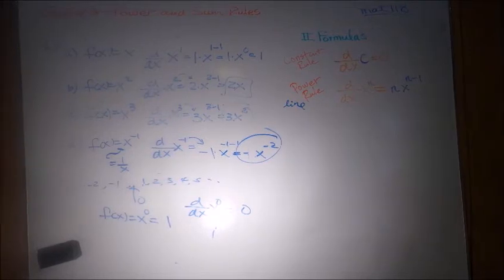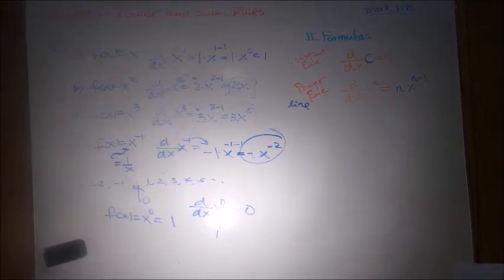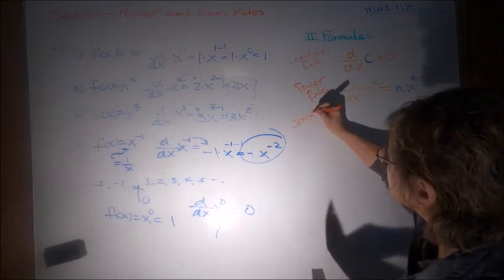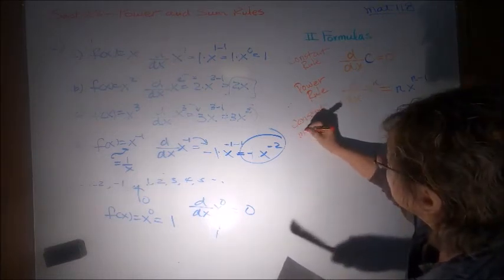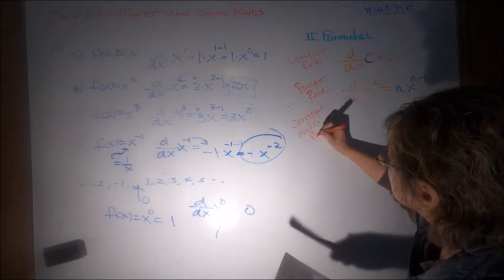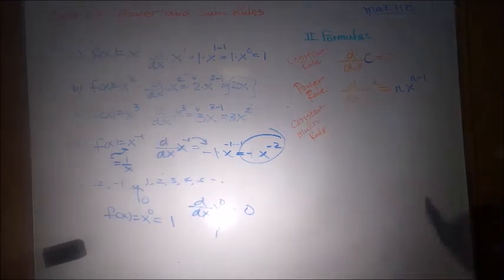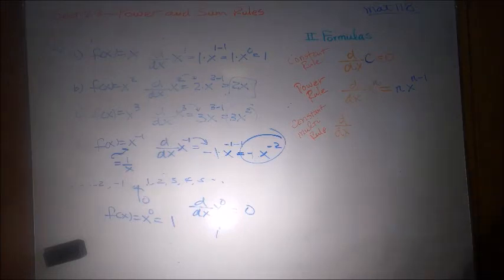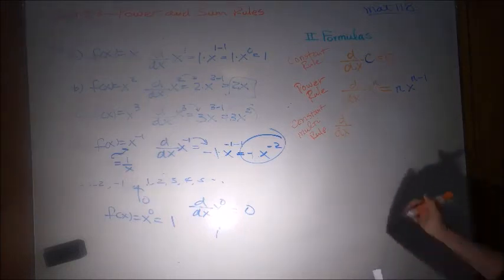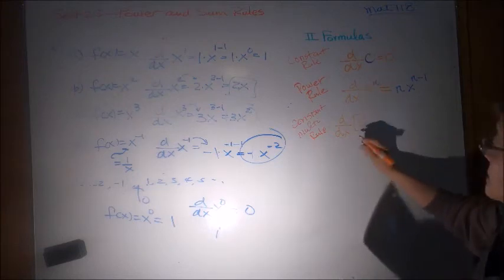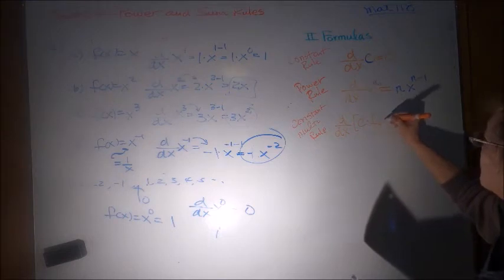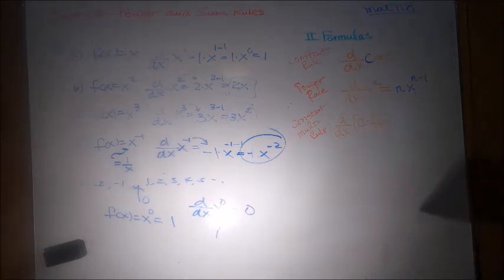Then next one, we are going to talk about the rule. It's called what? Constant multiple rule. Constant, right? Multiple rule. It's this one. So it says, okay, I'm going to take a derivative d over dx. Okay? Then you have a constant multiplying your f of x.